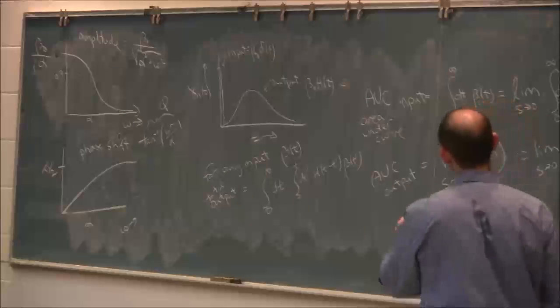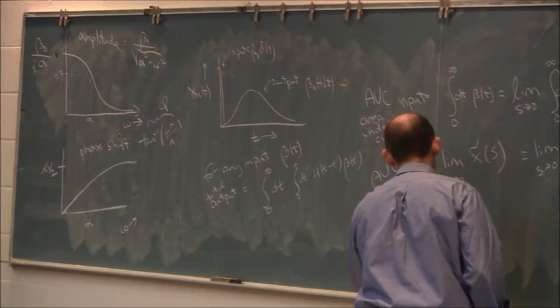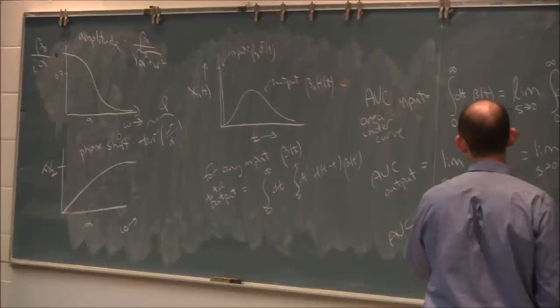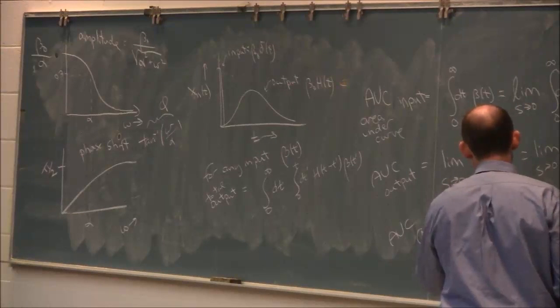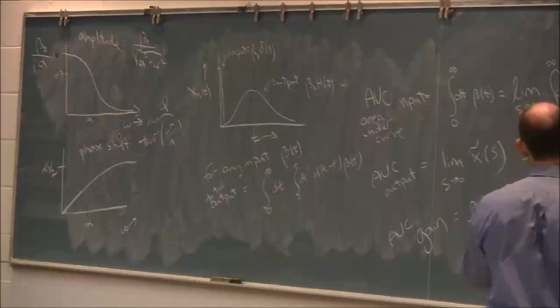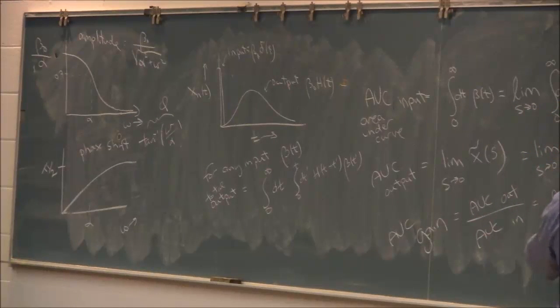And then we can calculate the gain. We'll just define the AUC gain as the AUC output divided by the input. So it is the limit as s goes to 0 of h tilde of s beta tilde of s divided by beta tilde of s. Those cancel, and so it is h tilde of s evaluated at s equals 0.